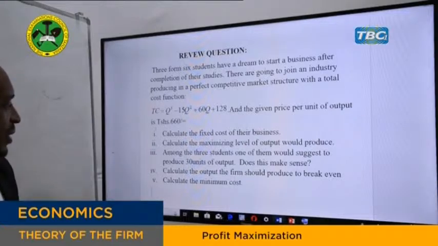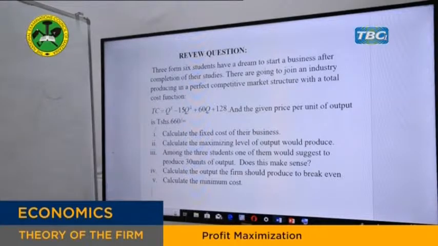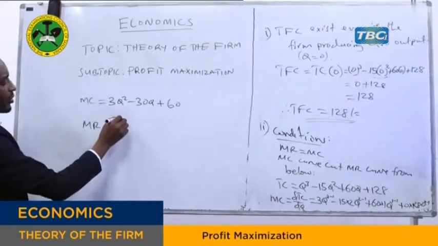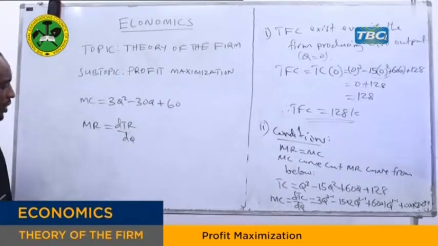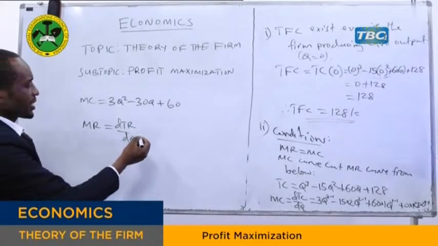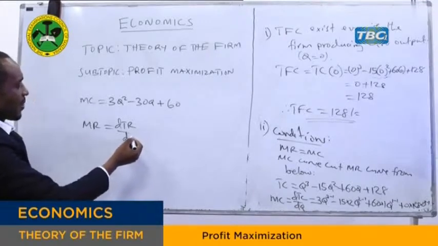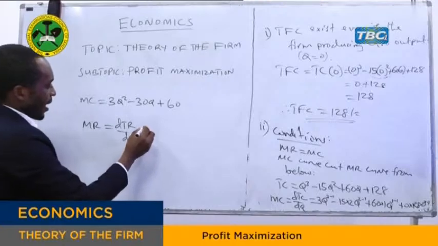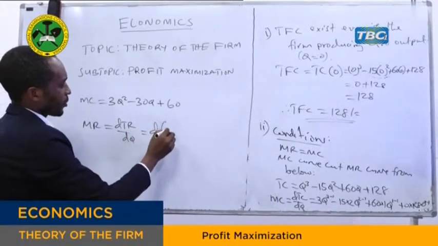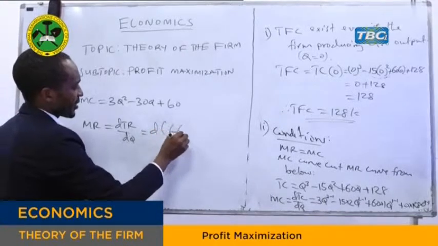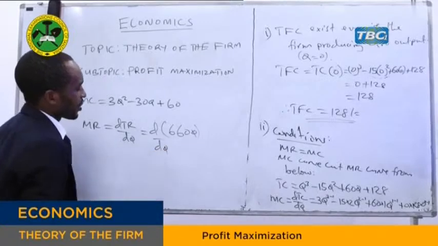Also, the marginal revenue is obtained by differentiating the total revenue function. So we differentiate the total revenue, which is 660Q, over dQ.